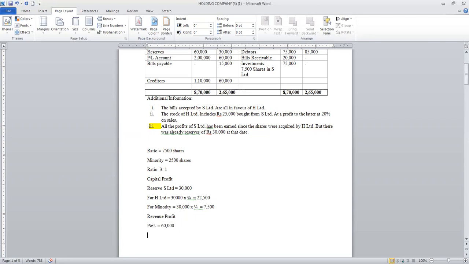Now we calculate the split between H Limited and the minority. H Limited's share is 60,000 into 3 by 4, and the minority's is 60,000 into 1 by 4.